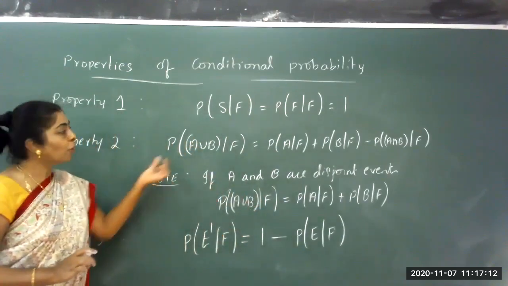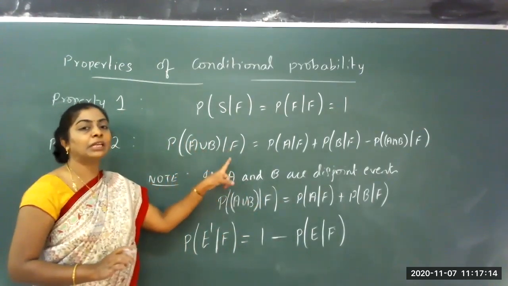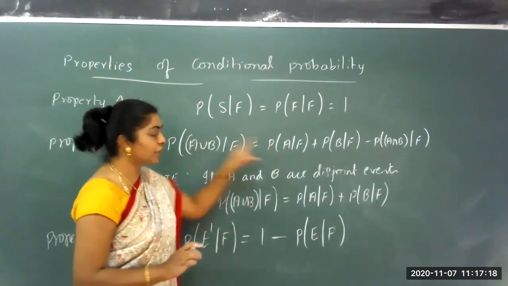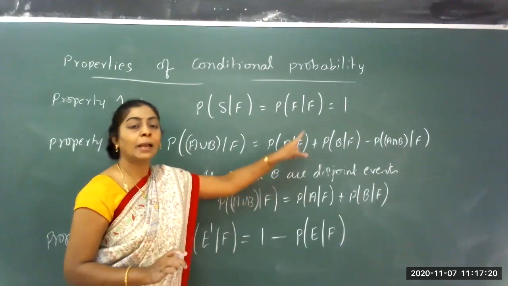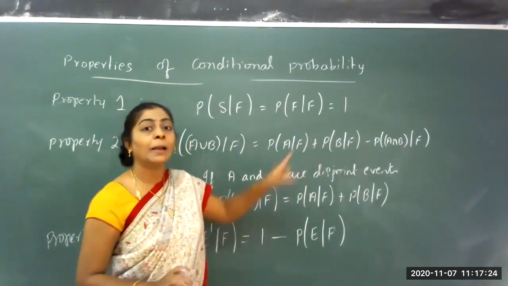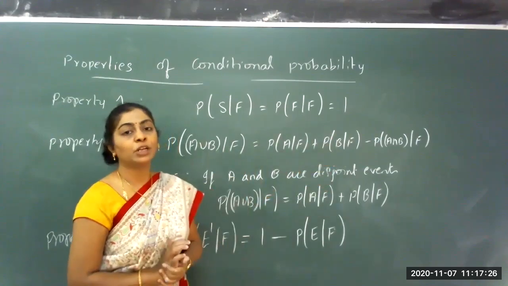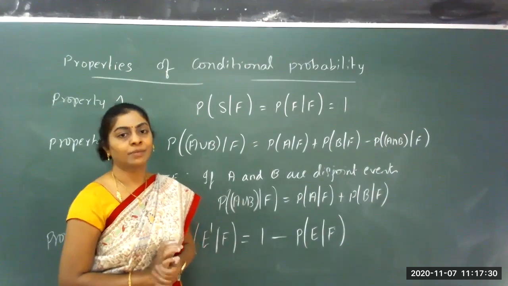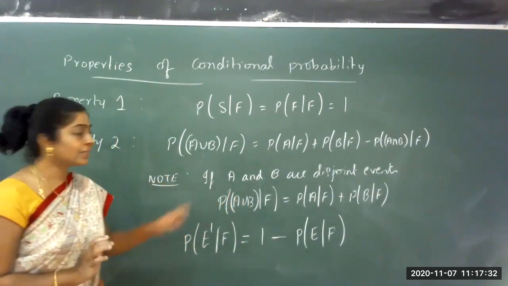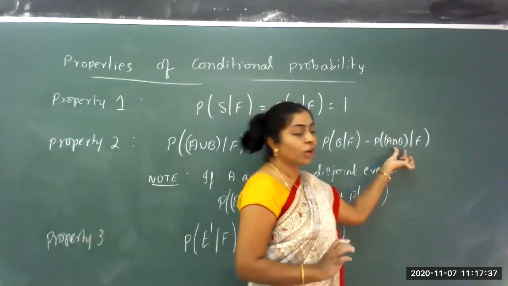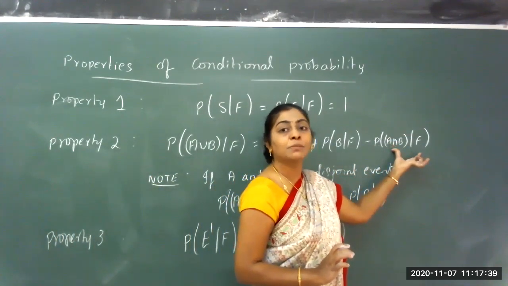Then, the conditional probability of A union B when event F has occurred is given by the conditional probability of the first event A when F has occurred plus the conditional probability of the second event B when F has occurred minus the conditional probability of A intersection B when F has occurred. We'll make a note: if A and B are disjoint events, then this last term becomes 0.